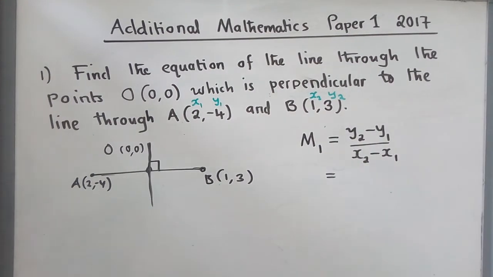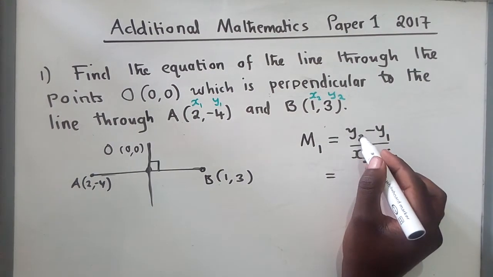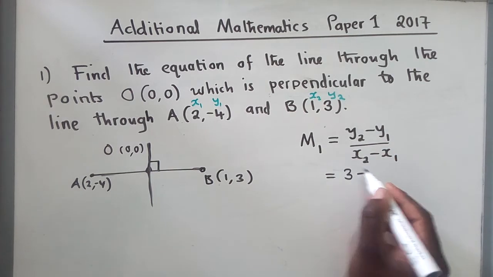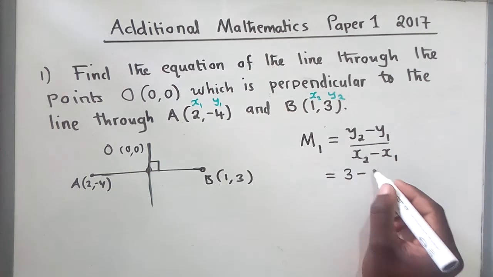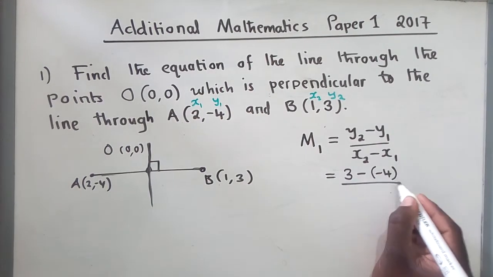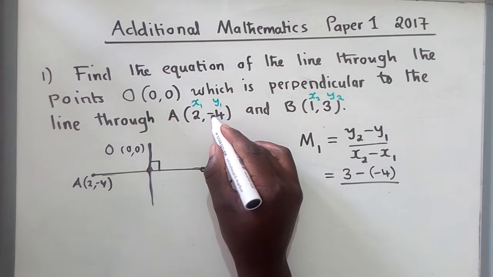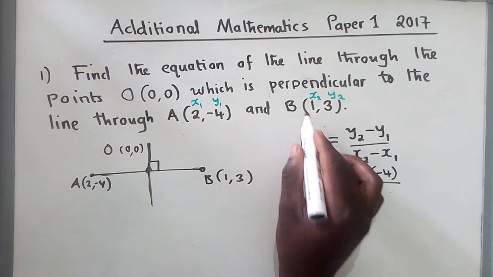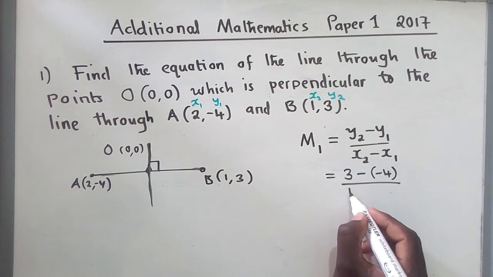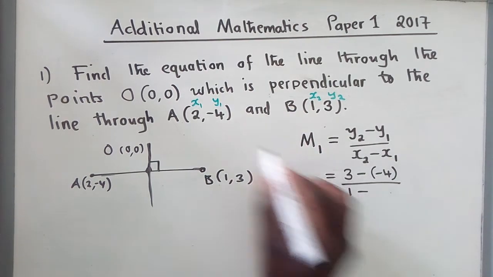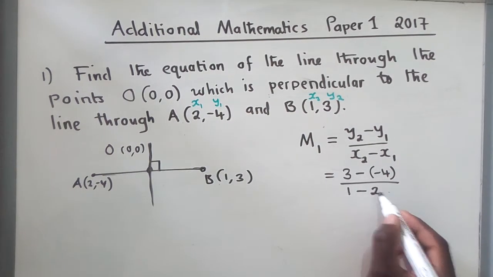So now since you have those, we can plug them in. y sub 2 is 3 minus y sub 1, which is -4. We need to put brackets because there is a negative and the formula has a negative already. So here x sub 1 is 2, x sub 2 is 1, so 1 minus 2.